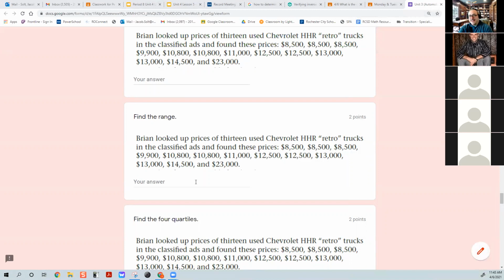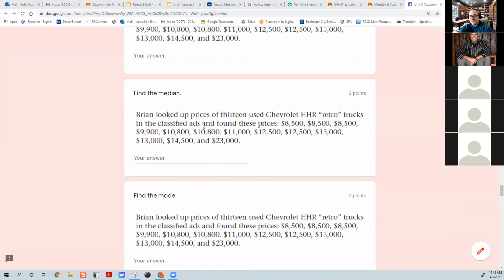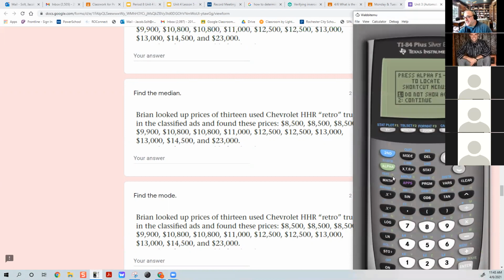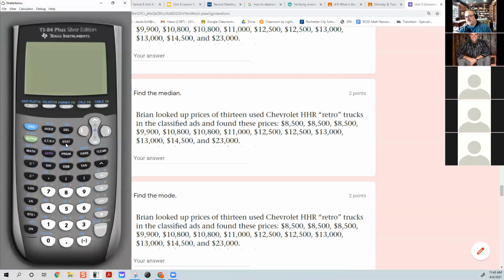My advice to find the mean, the median and so on would be to use your calculator. Remember to go into 1-Var Stats. I suppose I need to turn this on and show you. All right, calculator's back. I need to put at least one number in this list. Let me put in 8,500 just once.